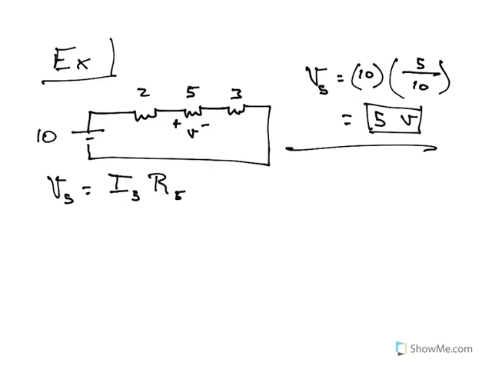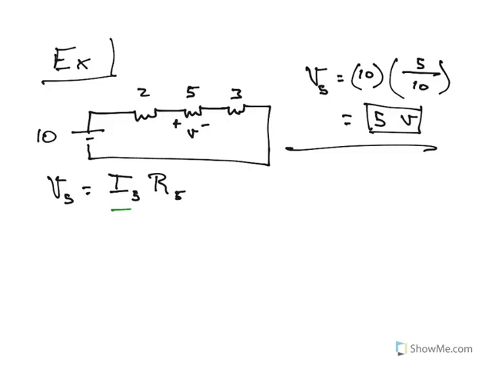Well, first thing I need is the current that's running through this particular resistor. Generally, when I do normal Ohm's law problems, even if I don't know specifically what I'm trying to calculate, it's usually a good idea to just calculate the total current in your circuit. So let's try it. In order to get the total current, I need the total voltage and the total resistance.